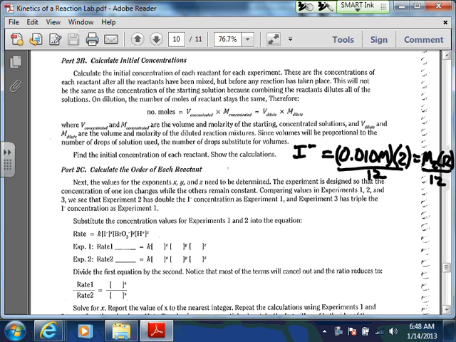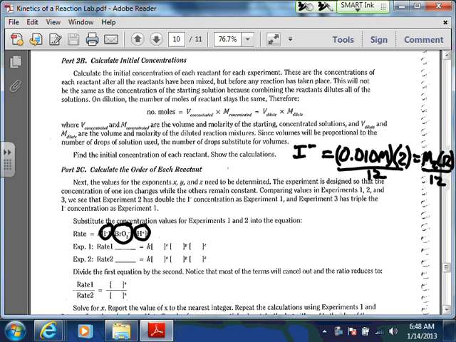That's going to give you your I minus concentration in experiment 1. And so then what I would do here, this is just me, you're going to have to find the initial concentrations for 3 things. We care about the I minus, the BrO3 minus, and the H plus, because those are the 3 things they're telling you are in the rate law.